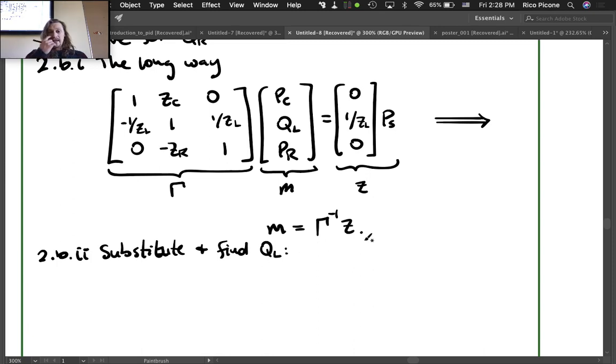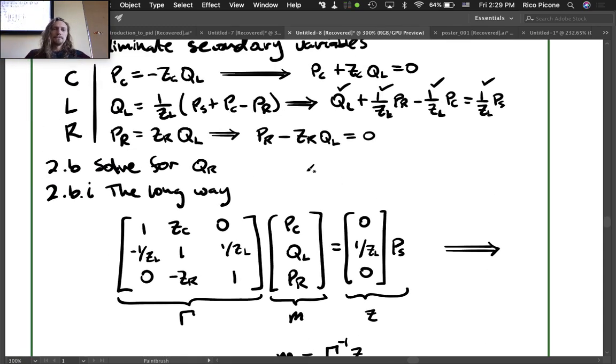That's the only one we care about. So we don't really care if we get a solution for PC and PR, because the question didn't ask for anything related to that. We only care about what QL is because we care about what QR is, because we care about what V is. But that's the specific question that was asked. We could care about something different, and that would change what we're solving for here.